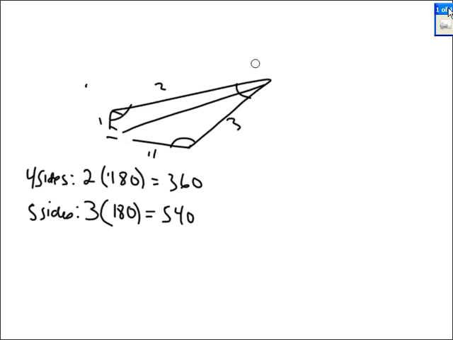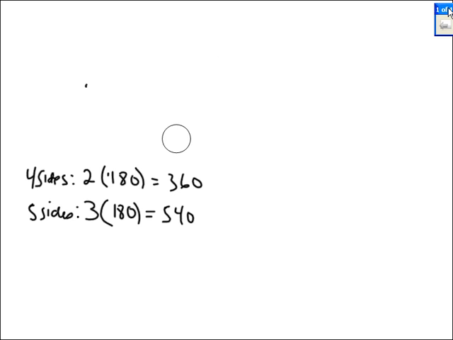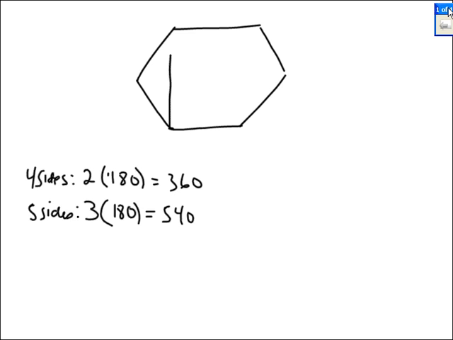Well, what if we had a 6-sided figure? 1, 2, 3, 4, 5, 6. Again, the way you make the triangles is up to you. You can go this way, and you will get 4 triangles, or you could have gone that way.